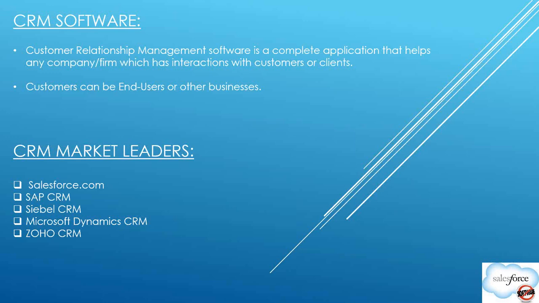Previously most companies followed the waterfall model, but now everything is agile and super agile, where release cycles have gone down, in some companies I have worked with, to 2 weeks. Every 2 weeks we push something to production. So these are the different market leaders in CRM.